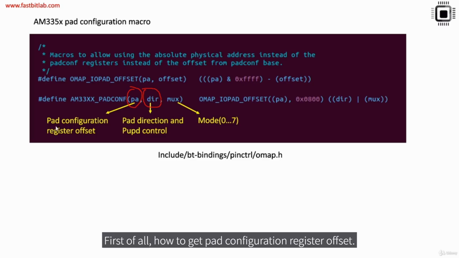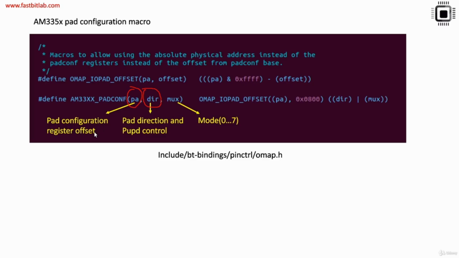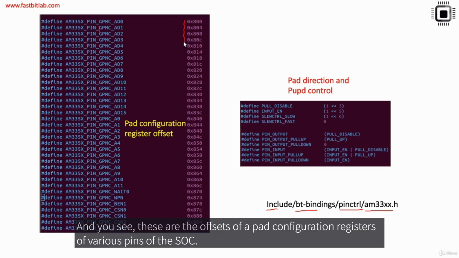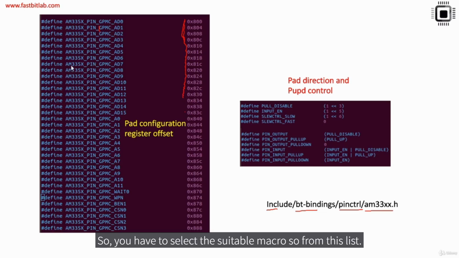First of all, how to get the pad configuration register offset. For that, there is another header file called am33xx.h in include/dt-bindings/pinctrl. And you see these are the offsets of pad configuration registers of various pins of the SOC. So you have to select the suitable macro from this list.